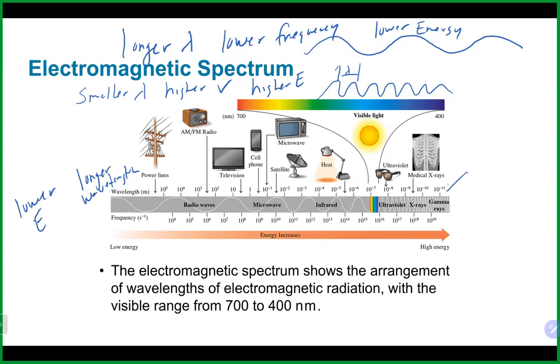On this side, it's a much smaller wavelength, which means it is higher in energy. So on the left-hand side here, we have radio waves, which we listen to on the radio, not going to kill us too much, right? So not so much energy.